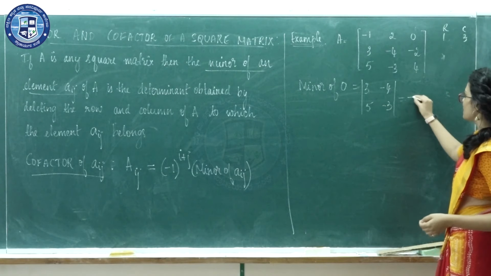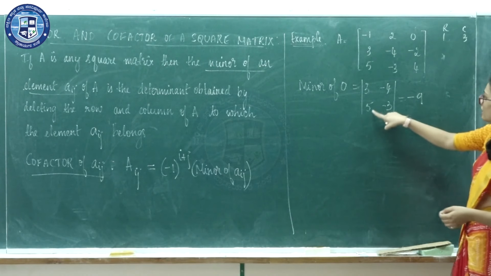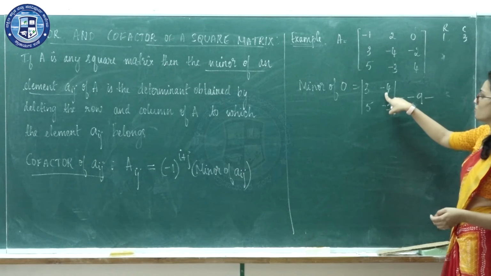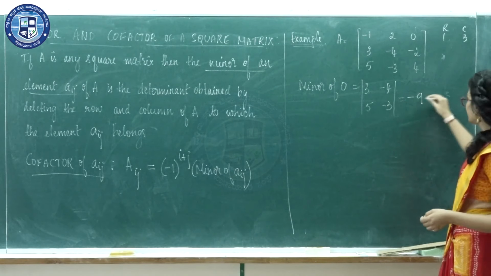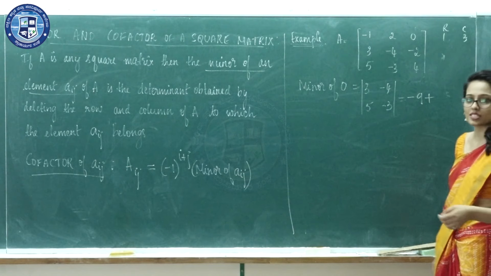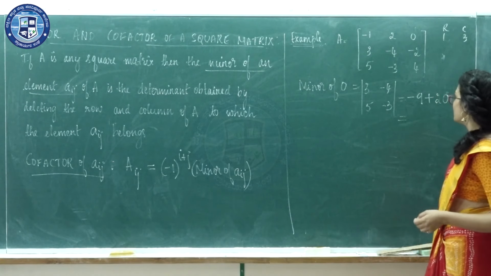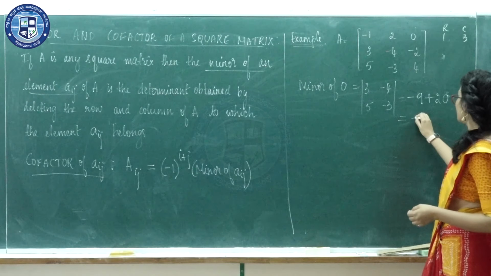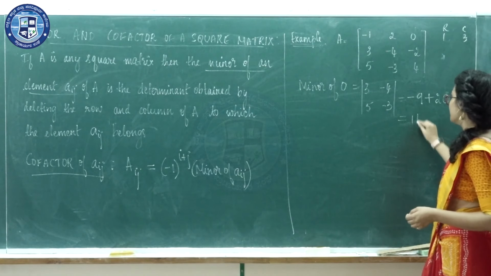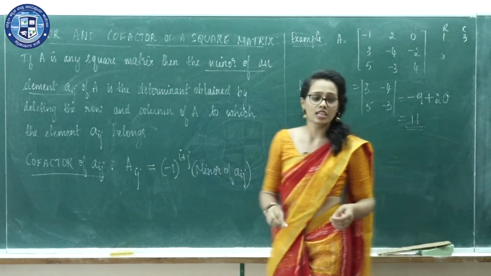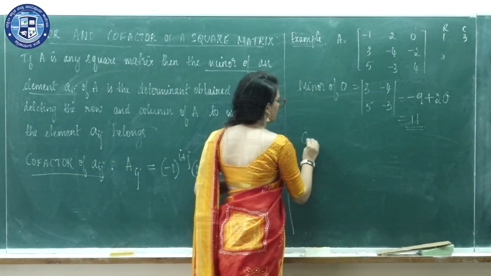This is 3 into minus 3, minus 9. Minus of 5 into minus 4 is minus 20. So, minus into minus becomes plus. So, we get plus 20 and the answer is plus 11. Okay.